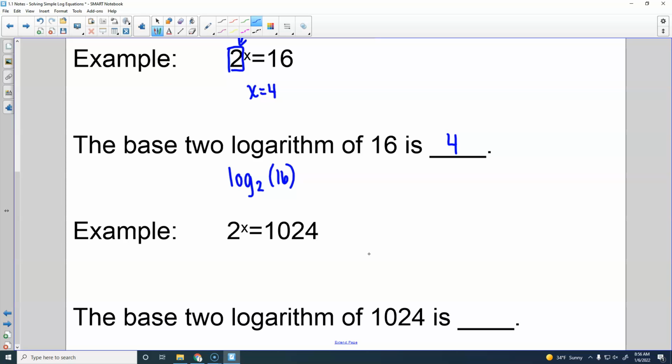You can use your calculator here, see if you can figure out what that should be. Okay, so x would be 10 here because our base 2 logarithm of 1024 would give us 10.